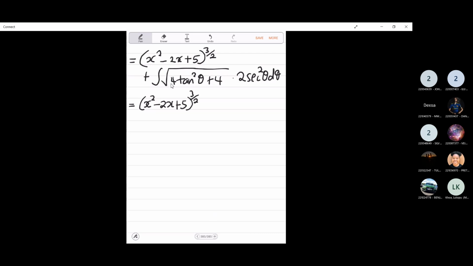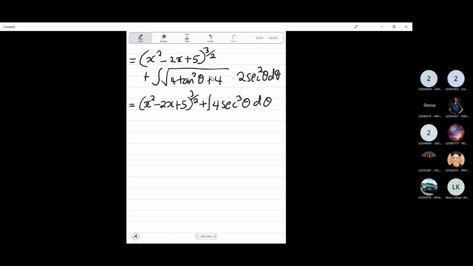And here we can see that 4 is a common factor, so we take out the 4, and then we'll have 4 times tan squared plus 1, which is 4 sec squared theta. And if you remove the brackets, this is the integral of 4 sec to the power of 3 of theta d theta.